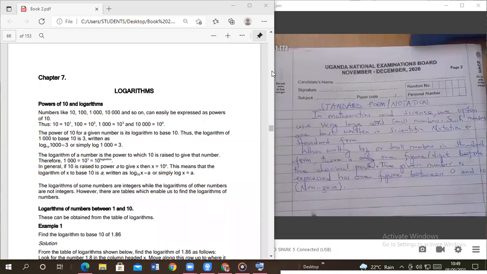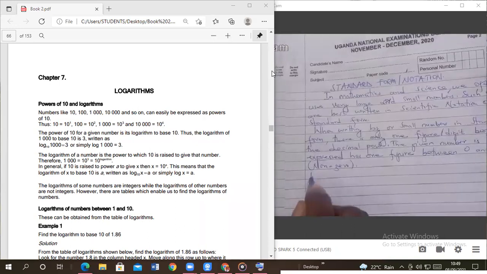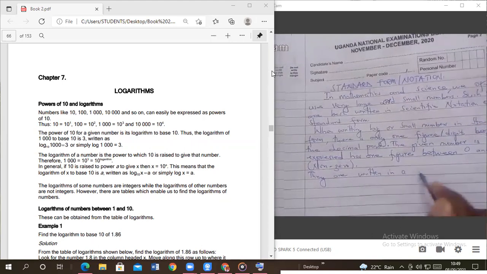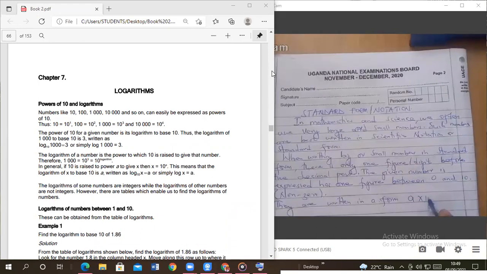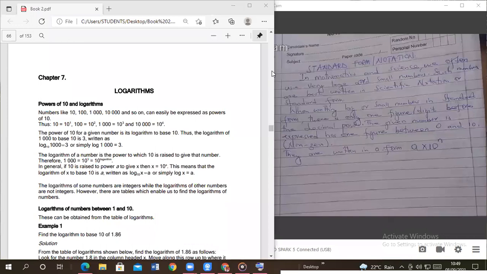We said they are written in the form a times 10 to the power n.